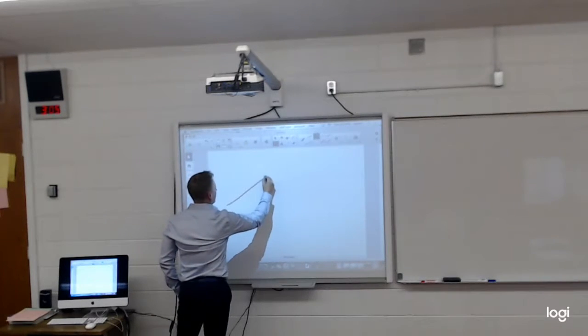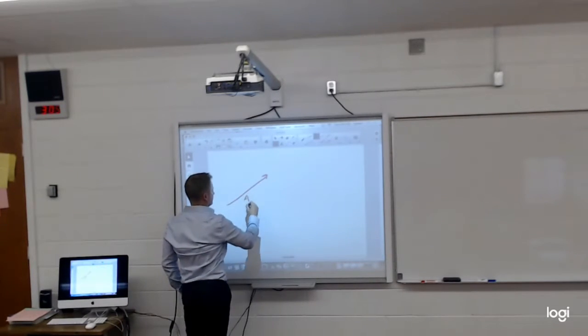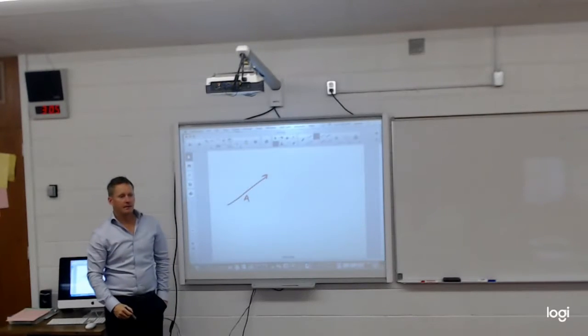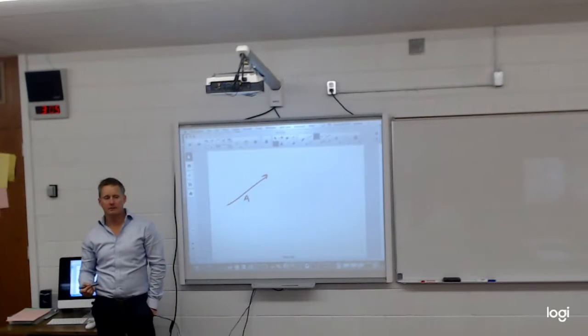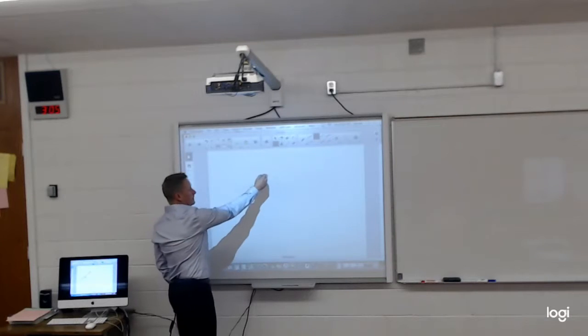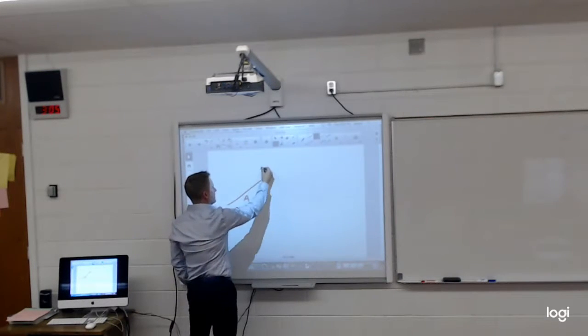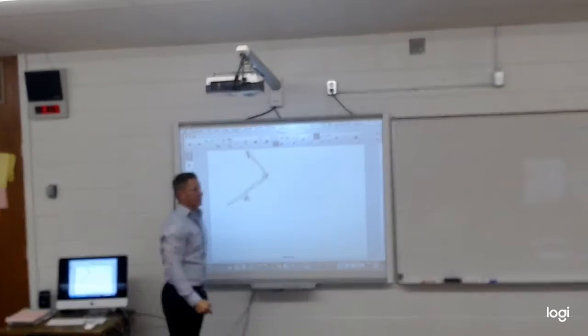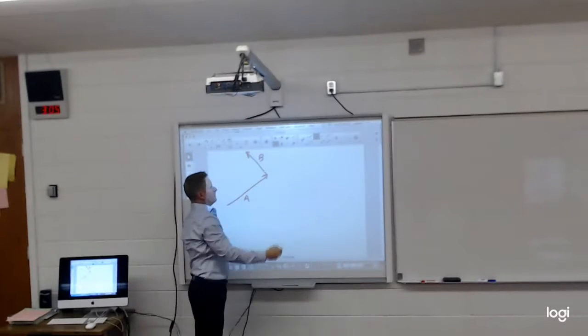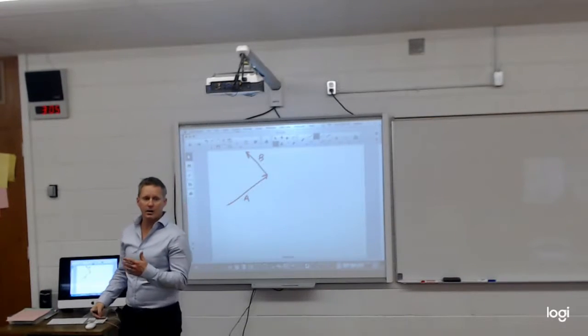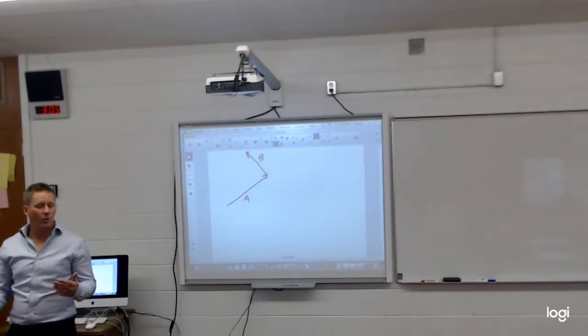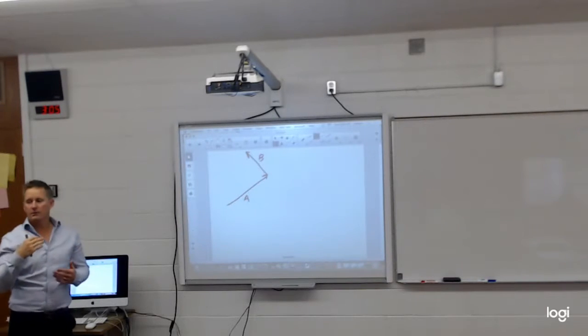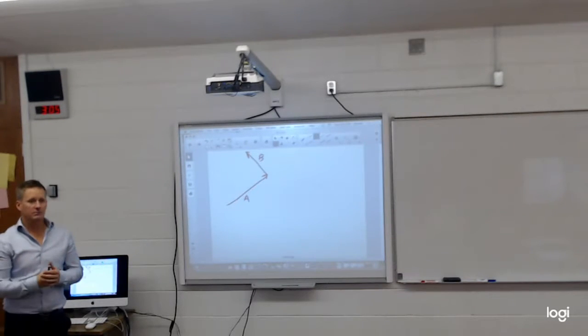I draw A first, which looks something like that, right? And then to draw B, I go to the tip of this and draw B, which would be in that direction right there. Now, we did a number of questions in applied where we drew vectors out already.